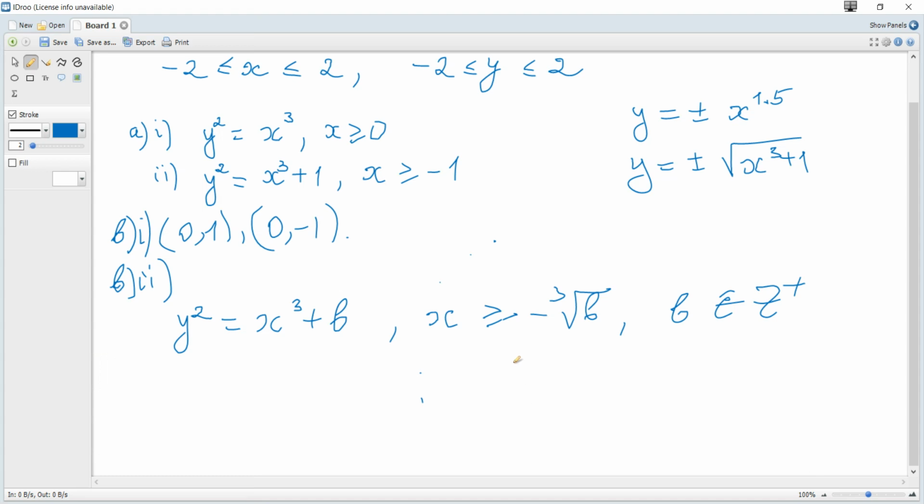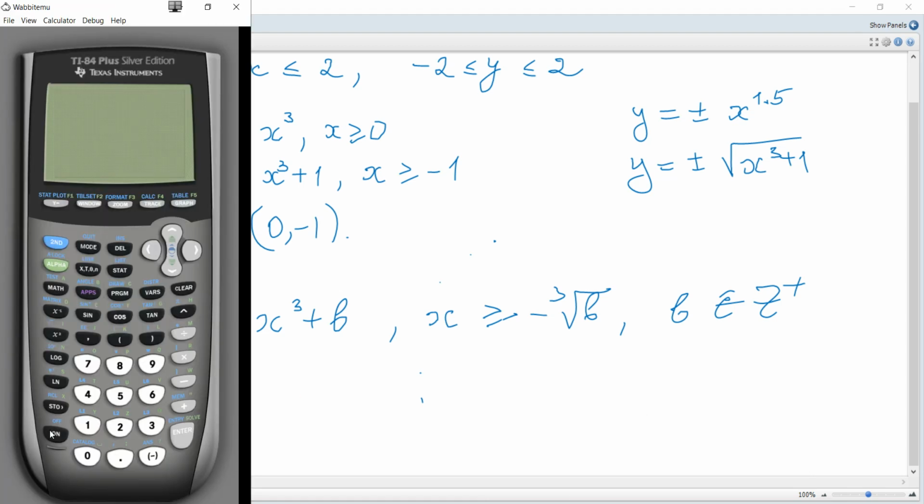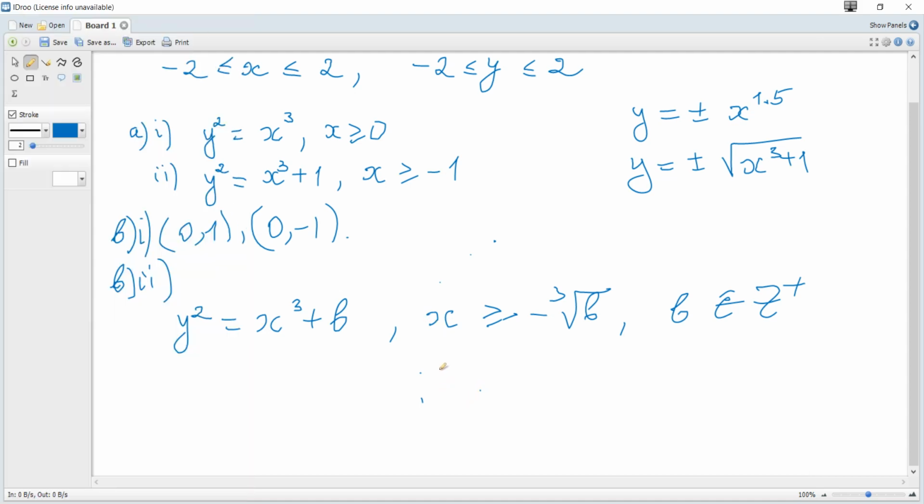So we can say, and we need only two features, the next: when x tends to infinity, y tends to plus minus infinity, or same range, because the range remains the same from negative infinity to positive infinity, or same line of symmetry, y is 0, or one x-intercept or two y-intercept points.